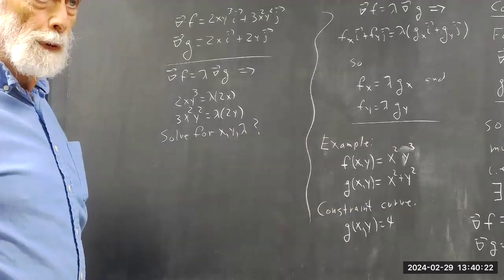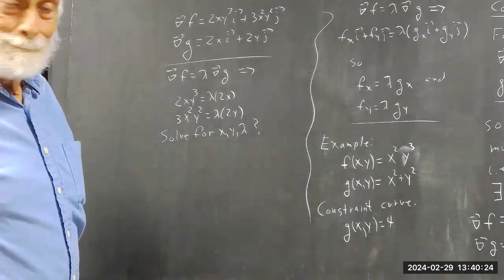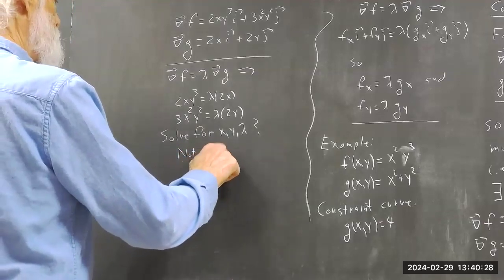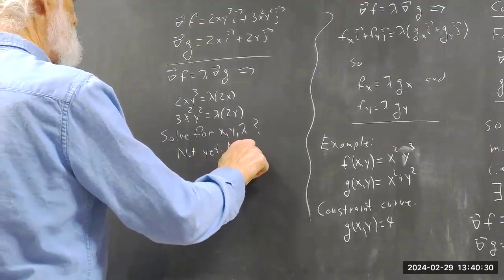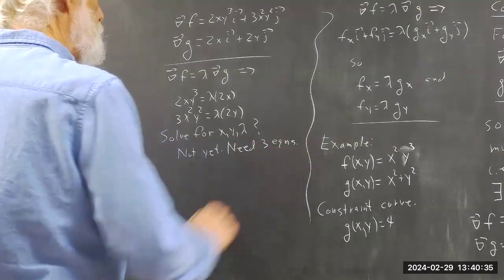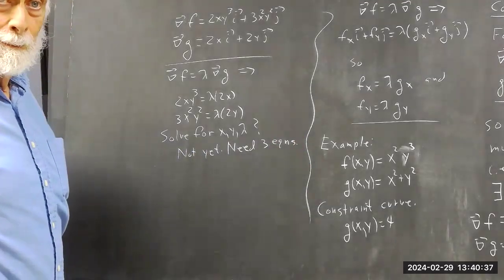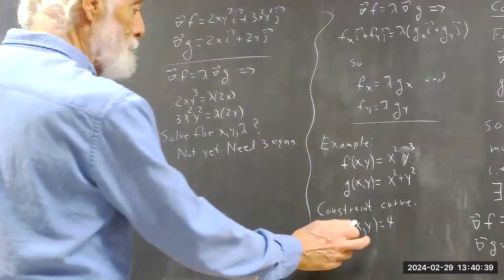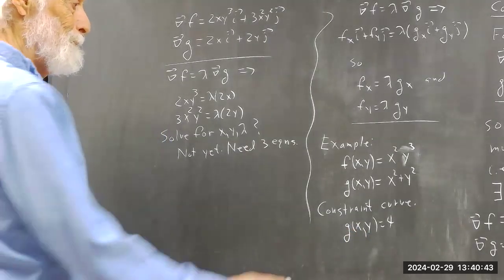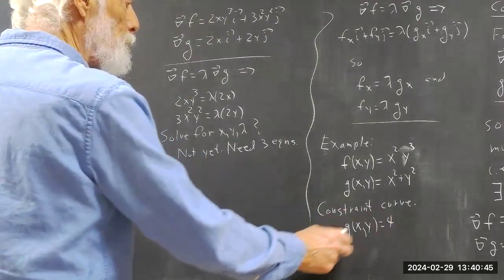No, you only have two equations. You've got three unknowns. So you're going to need a third equation. You've got one: g of x, y equals 4.